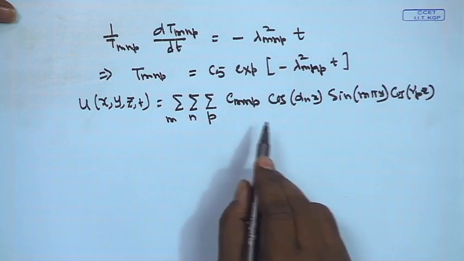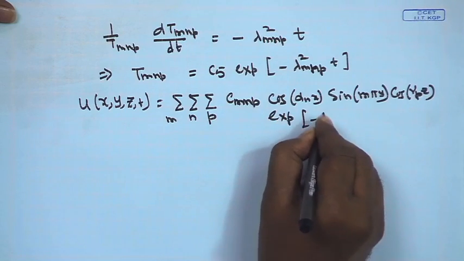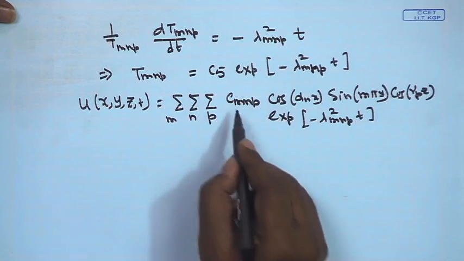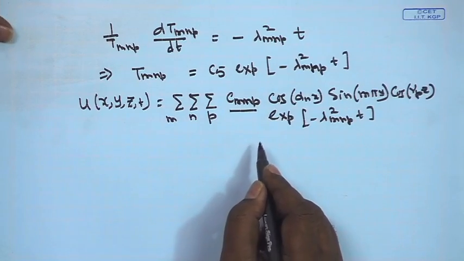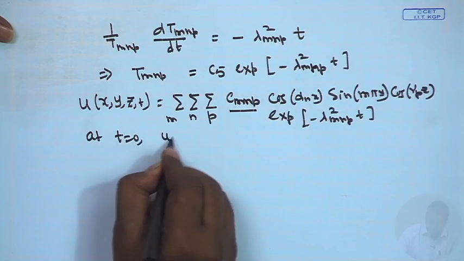This is multiplied by the exponential time varying part, minus lambda m n p square times t. We will be evaluating C m n p by using the unutilized initial condition, t equal to 0, u equal to u naught.